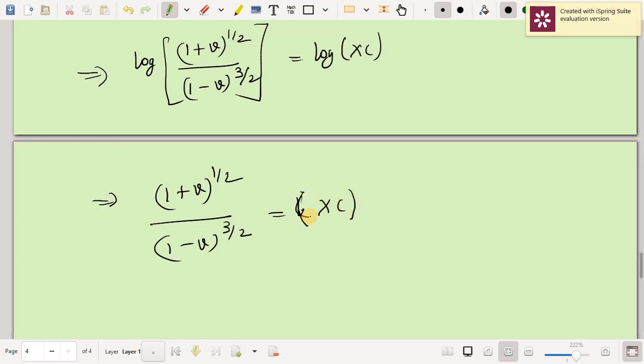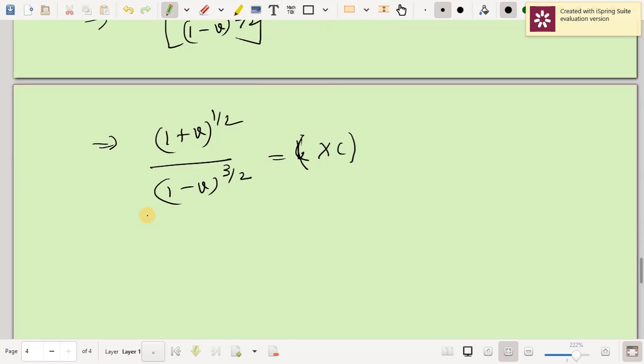When you square it up to further simplify, you get 1 plus v upon 1 minus v the whole raised to 3 is equal to c square x square, right?